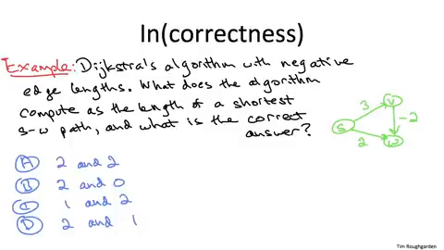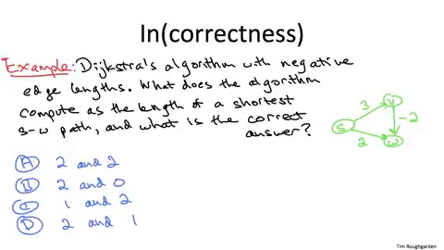So the question is, consider the source vertex S and the destination vertex W. And the question is, what is the shortest path distance computed by Dijkstra's algorithm? And you may have to go and review just the pseudocode in part 1 or on the web to answer that part of the question. And then what is in fact the actual shortest path distance from S to W? Where as usual, the length of a path is just the sum of the lengths of the edges in the path.